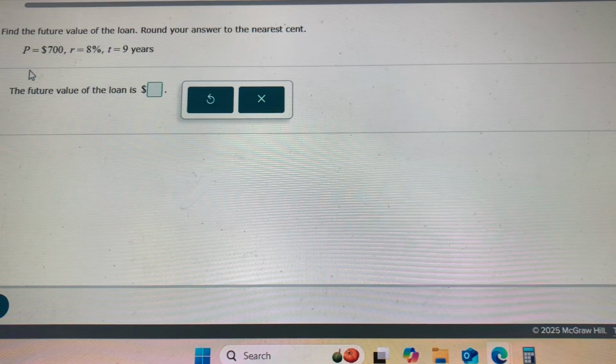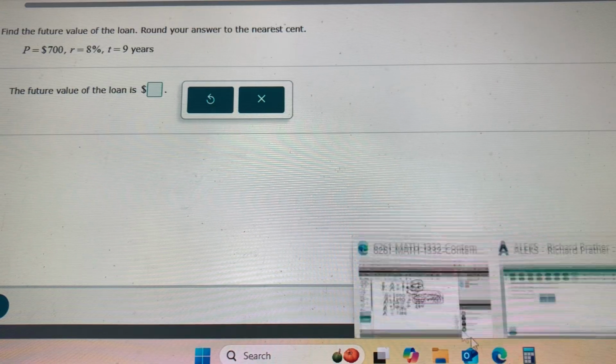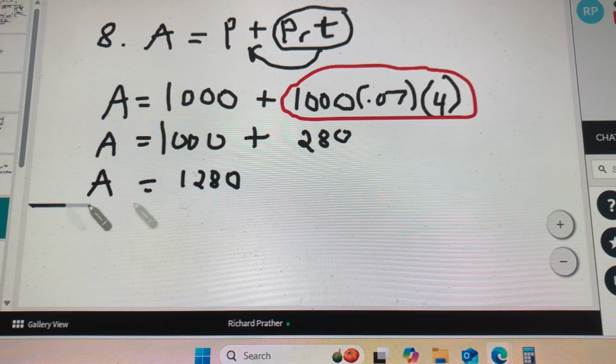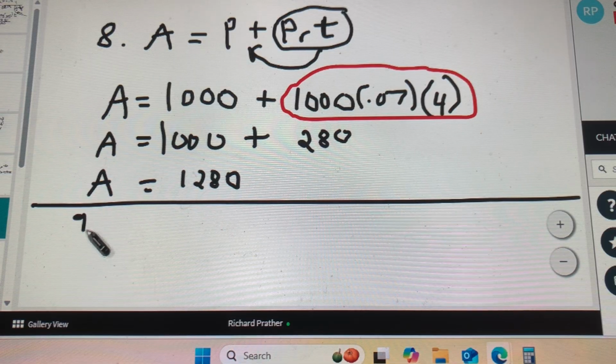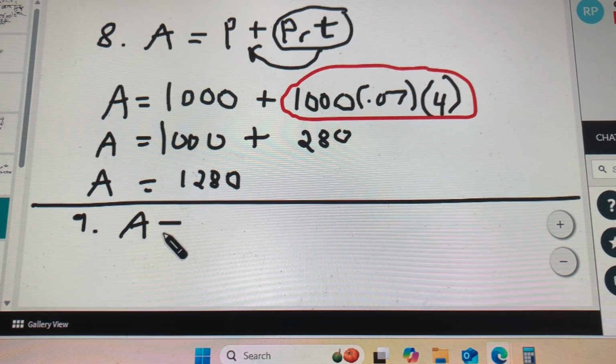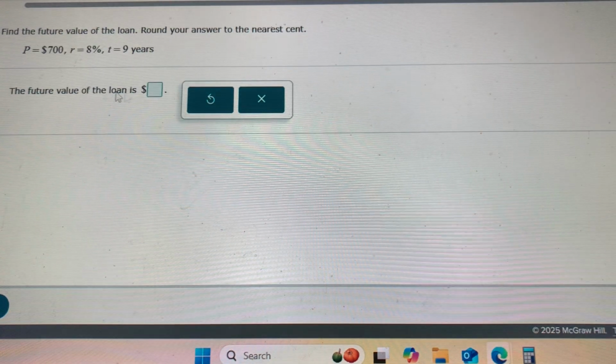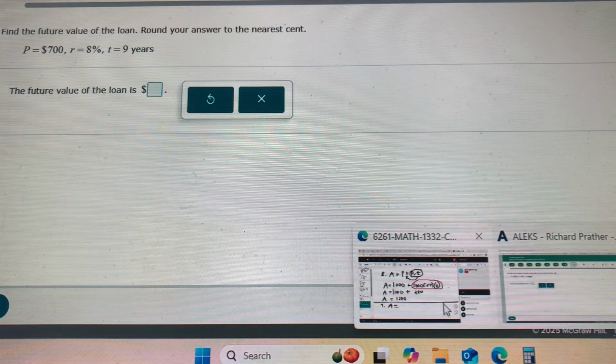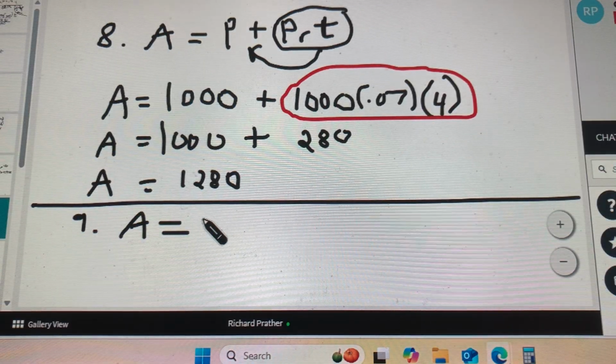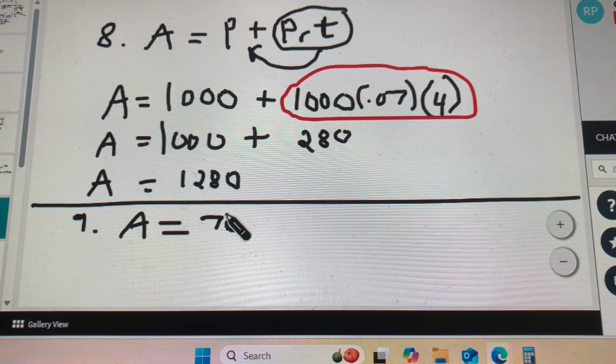Okay, future value, same thing. Just a second example of this. So number 9, same thing. Somebody's going to put $700 in a bank account, or maybe you're borrowing $700. Say you're the borrower this time, and you need to borrow $700 to get a new phone or something.